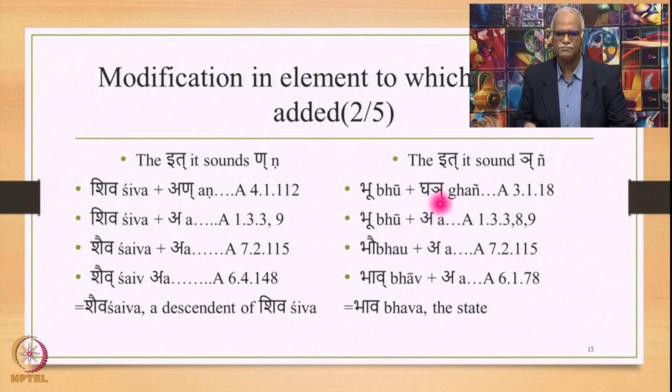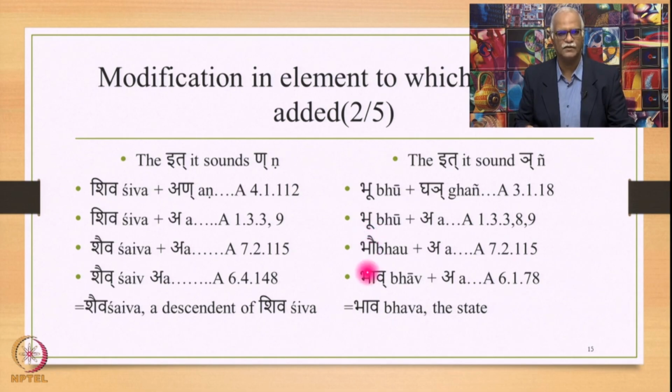Now because there is this marker ñ, this u will get the Vriddhi substitution and this will become bhau. So u becomes au. So au substitutes u. And why?